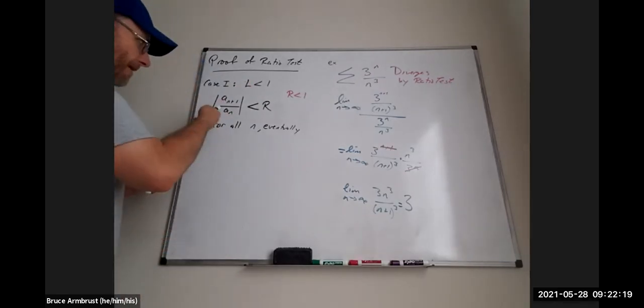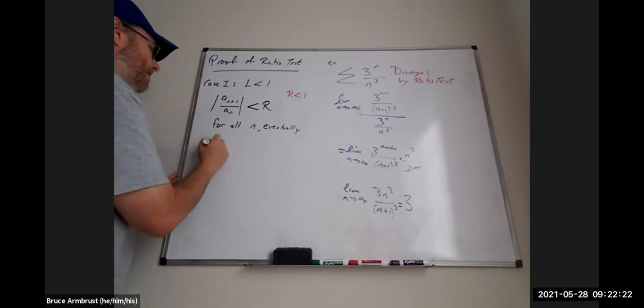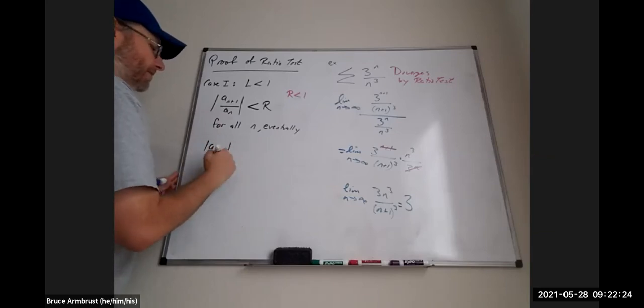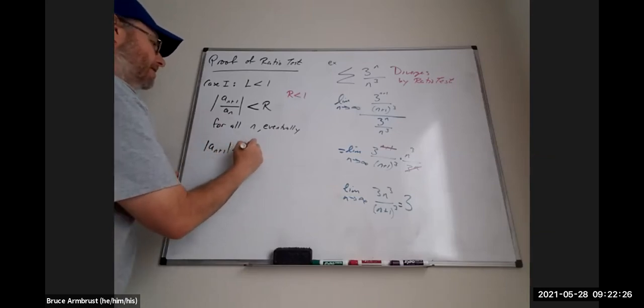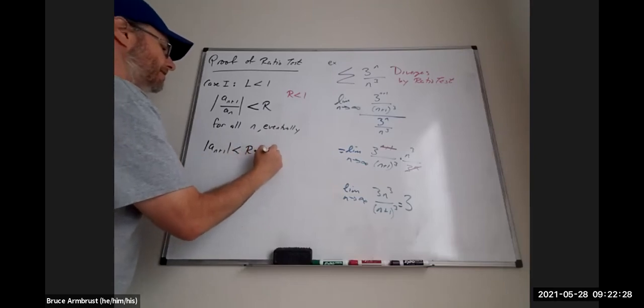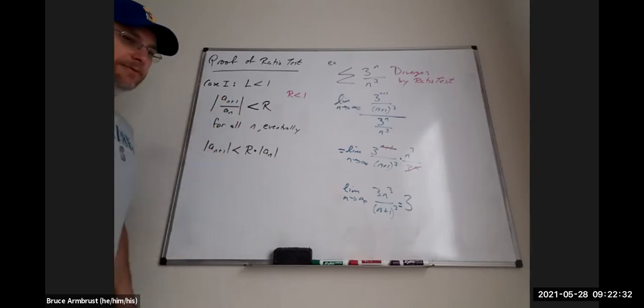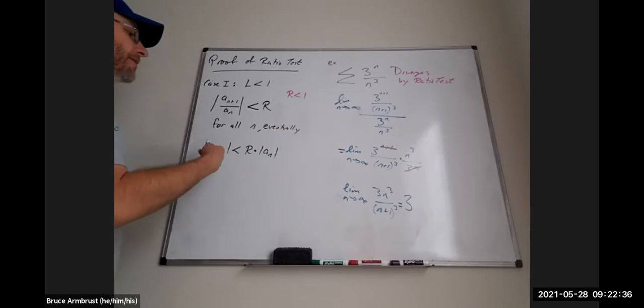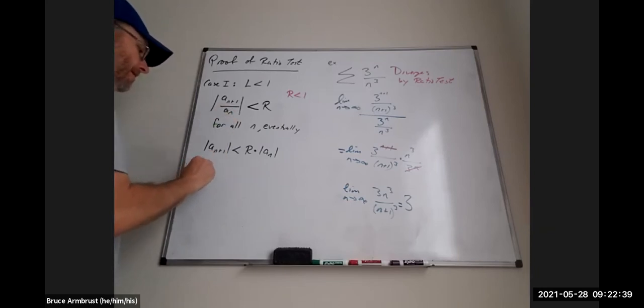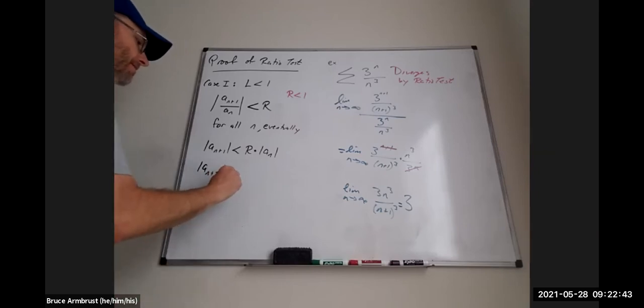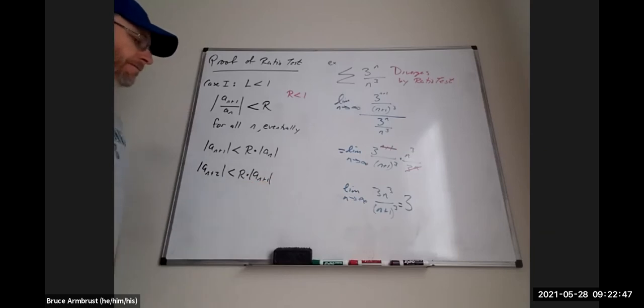Okay, so that means that the n plus first term, or at least the absolute value of it, is going to be less than R times the absolute value of a sub n. Just doing a little bit of algebra on that, right? Multiply by the denominator. Okay, now there's going to be a subsequent one that says the a sub n plus 2 term is going to be less than R times the a sub n plus 1 term.